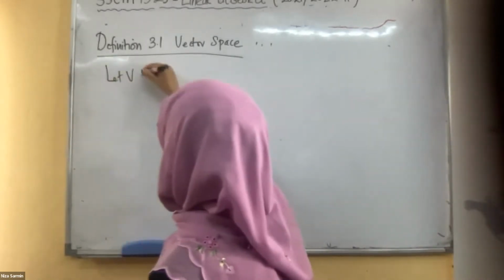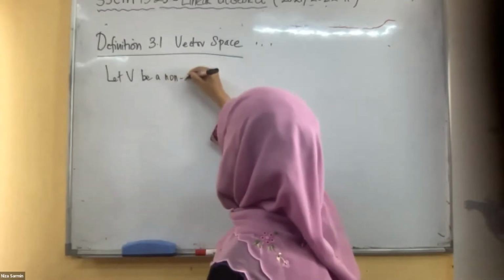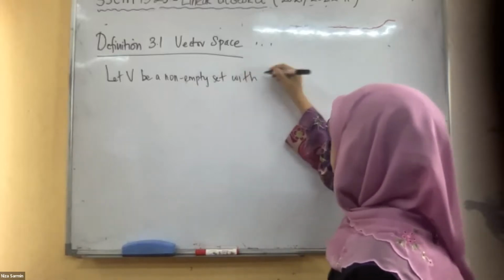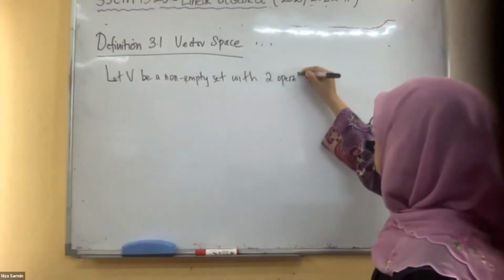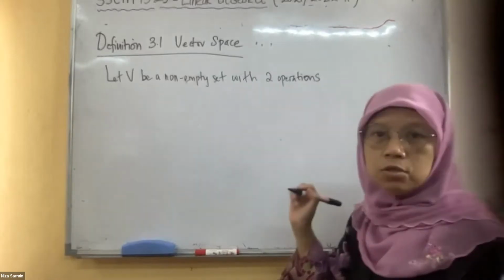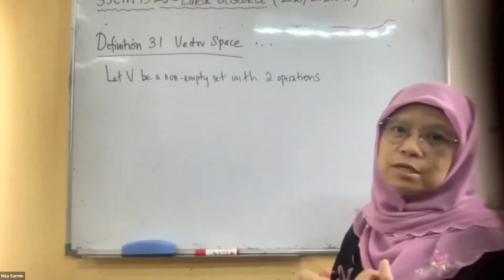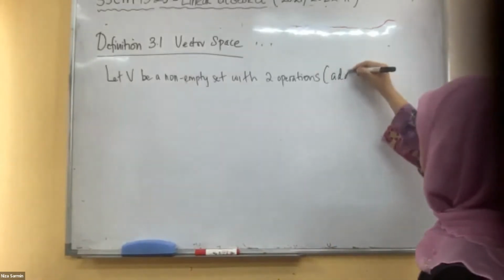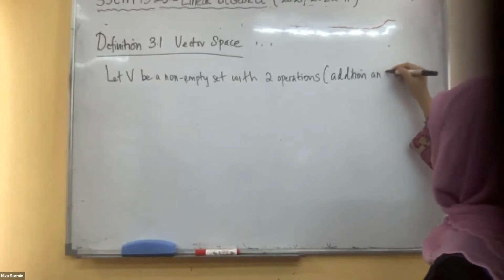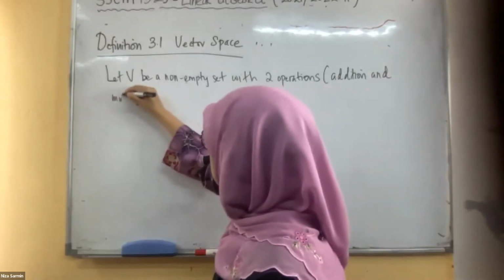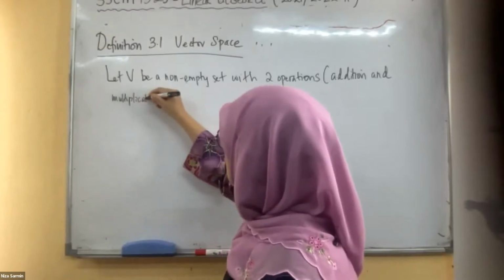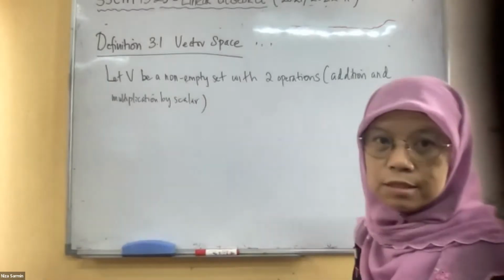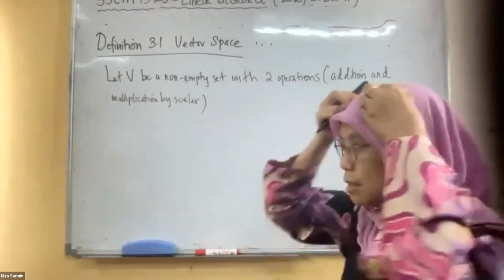Let V be a non-empty set with two operations. The two operations are not multiplication and addition, but the operations are addition and multiplication by scalar. Scalar is a real number.